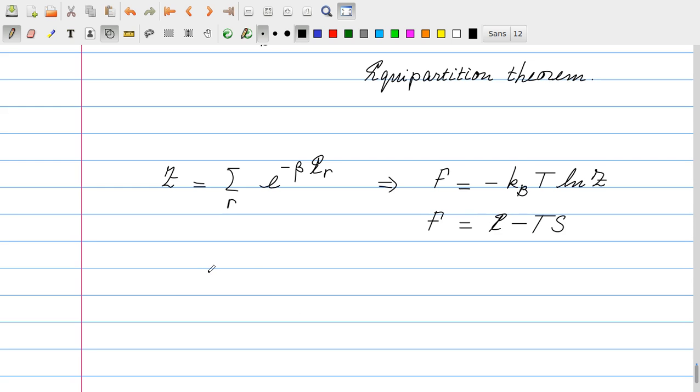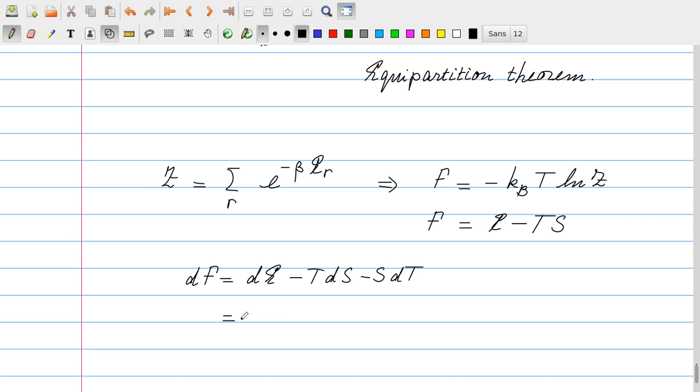And we have values for different derivatives of F. So recall that dF, if we take this formula, we see immediately that it's dE minus TdS minus SdT.